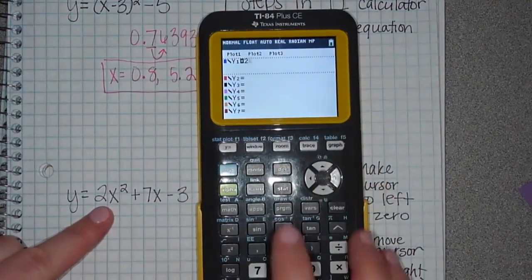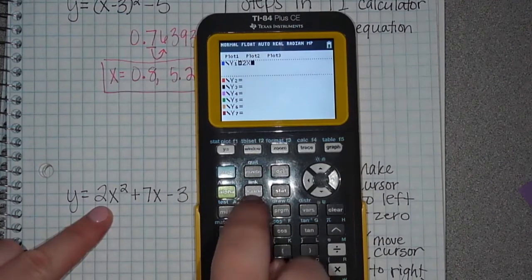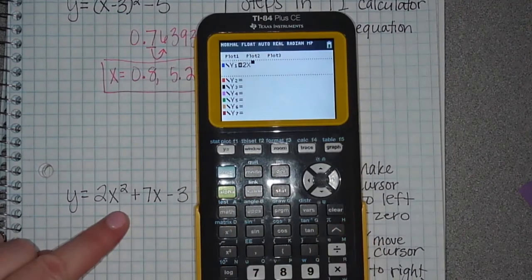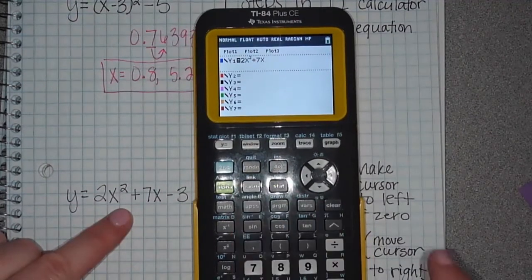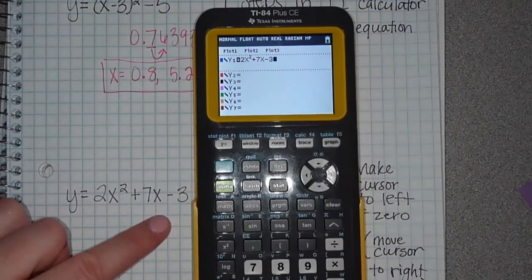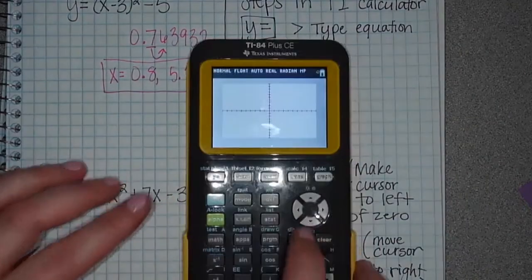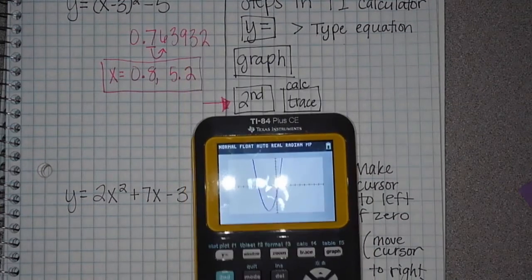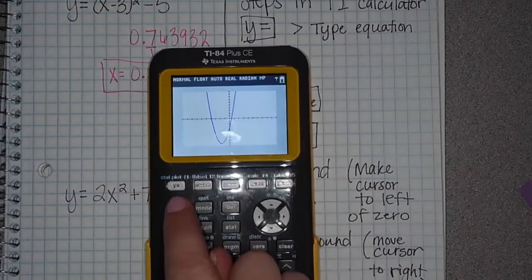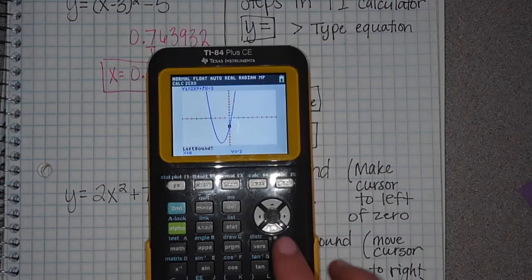So I would do 2, make sure you hit the X that's right here, squared, so caret 2, plus 7x minus 3. Hit graph again, just to make sure that your graph is showing up. Then once I've graphed it, you want to do second trace, go down to the zero.